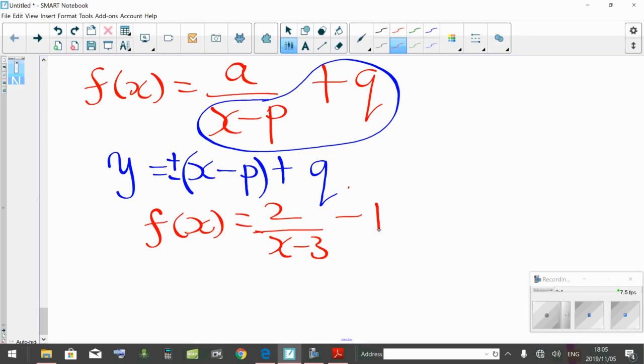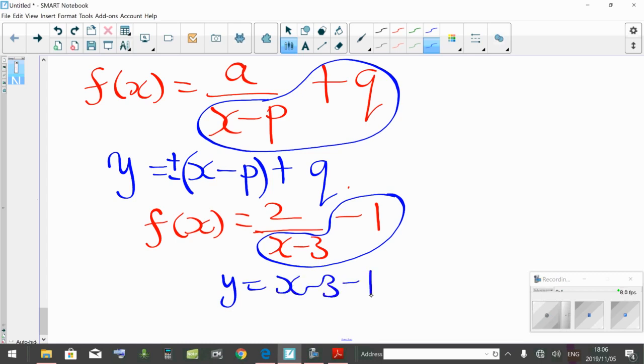So what you have to do is just circle this part. This is the part that you have to circle. So your equation will be y equals, since we want the equation with a positive slope, x minus 3 minus 1, which gives us x minus 4. We are done.